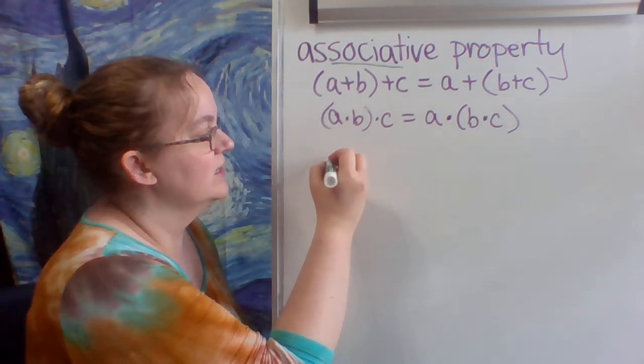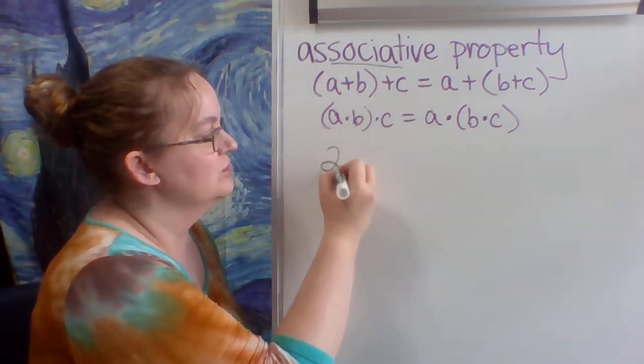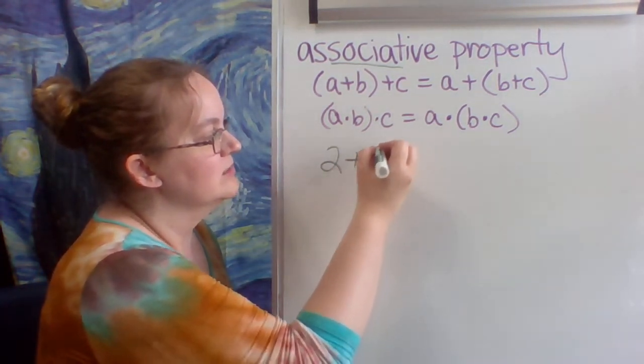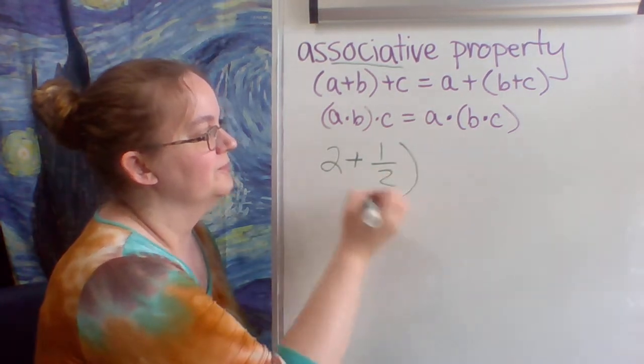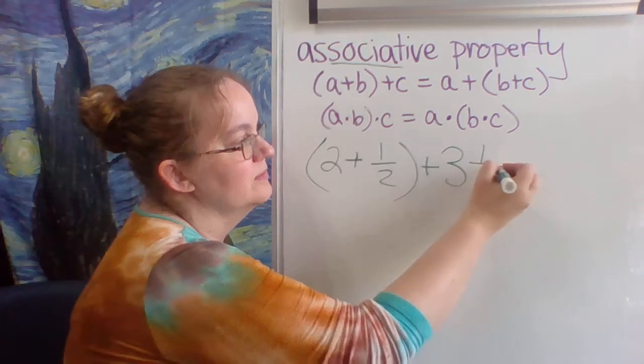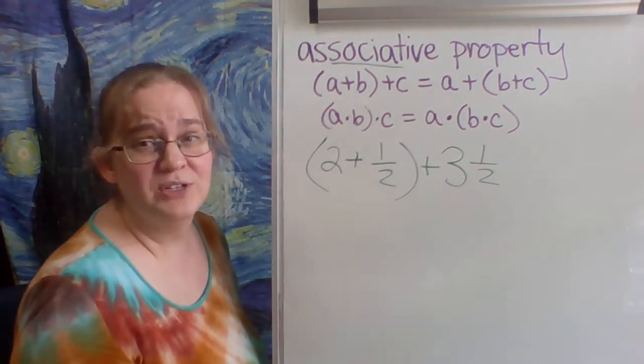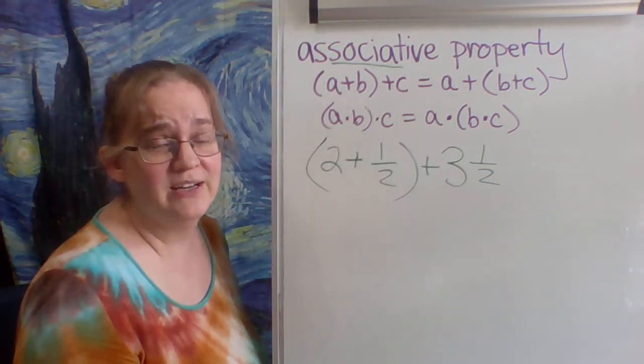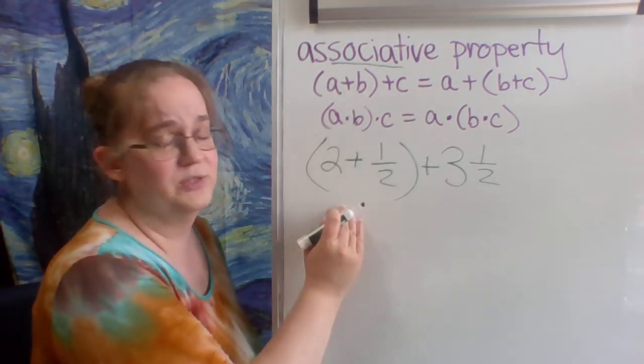So let's say I had the problem like 2 plus 1/2 plus 3/2. Okay. I picked really simple fractions, but let's say I wanted to add it with the fractions first and then deal with the whole number.